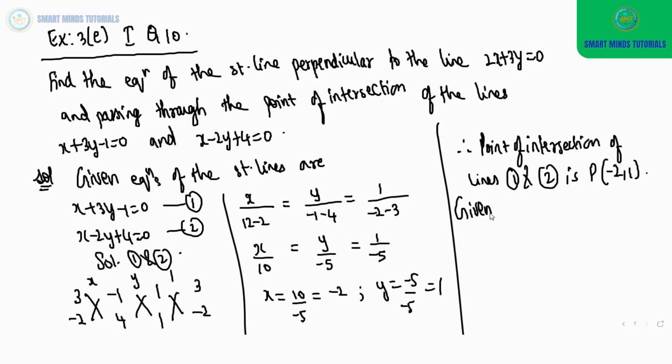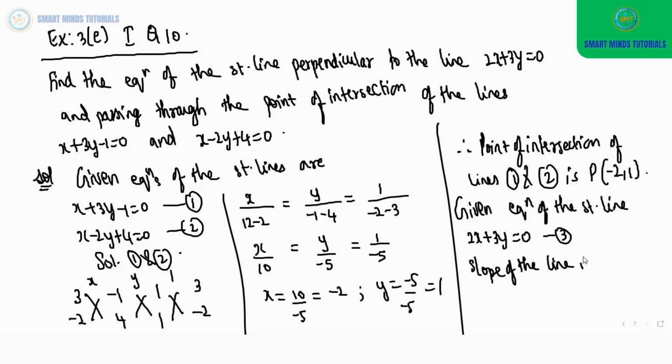Now what is the given equation of the straight line? There is another line equation given, 2x plus 3y is equal to 0. Now let us find out the slope of the line. Whenever a line is given, what is the slope formula? The slope formula is minus a by b. So m is equal to minus 2 by 3.